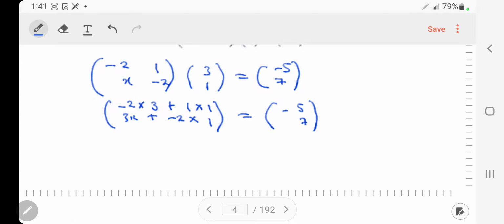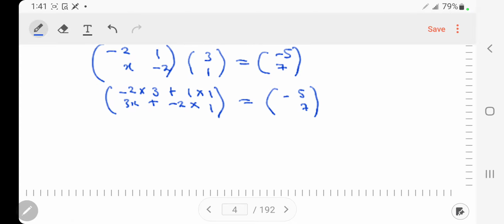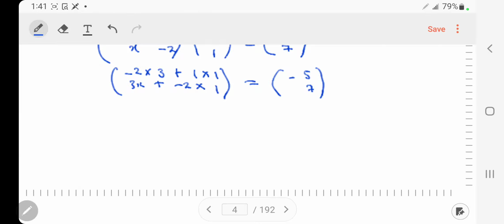So now when we reach this stage, let's work out where we can. Negative 2 by 3 gives us negative 6. 1 times 1 gives us plus 1. Then we have 3x, then minus 2, which should be equal to negative 5 and 7.